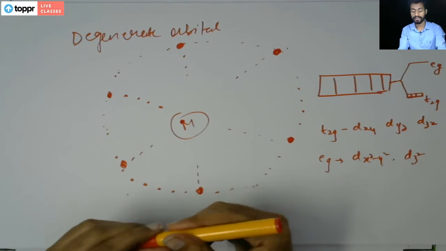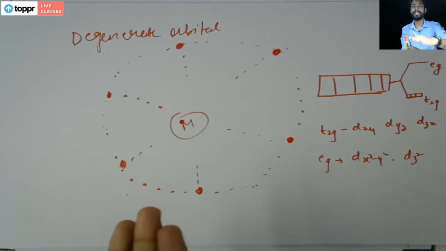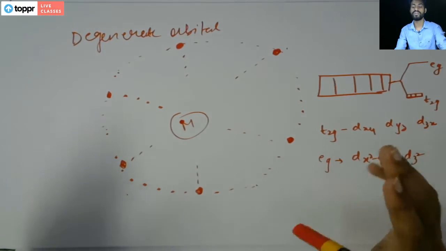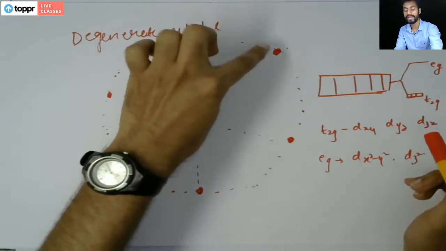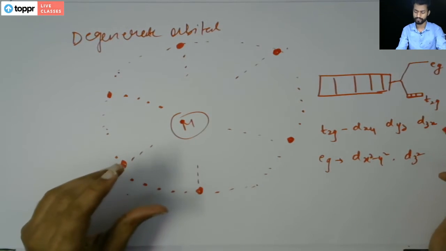So we can conclude here that this splitting of the 5 degenerate d orbitals depends on the orientation of ligands around the central metal atom.